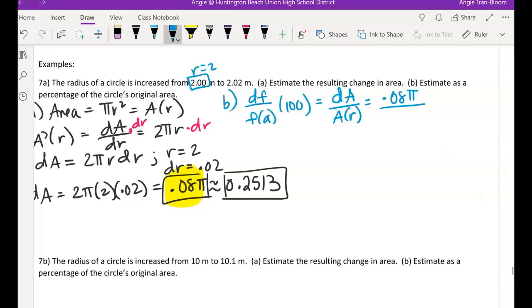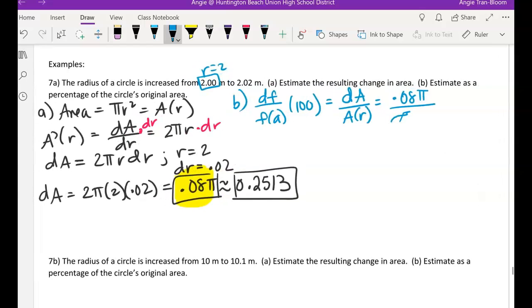A of R, which is really what am I doing? A of 2, which is 0.08 pi divided by, if I plug in 2 squared, because pi r squared is my formula, times pi, that will help me reduce the pi.